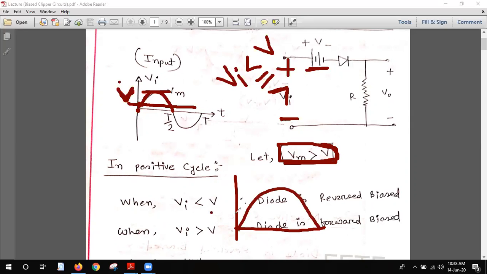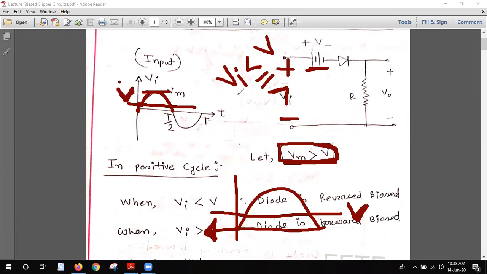Okay, this is V. Everything is the same, just follow my process, every mathematics will be the same, but the understanding is very important. At this point the input voltage Vi is 0.